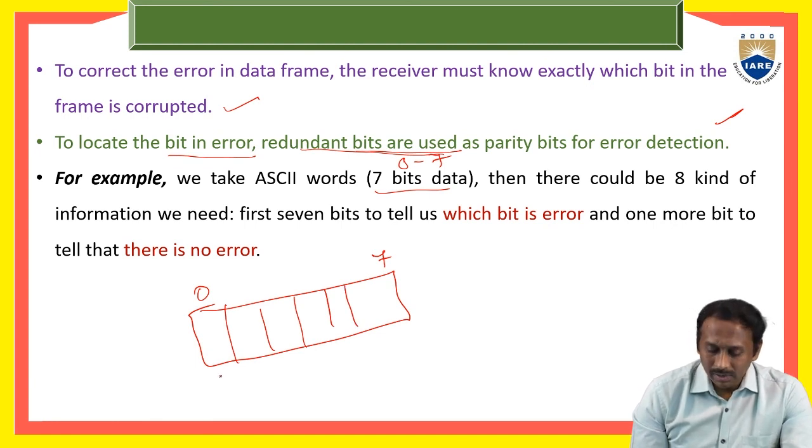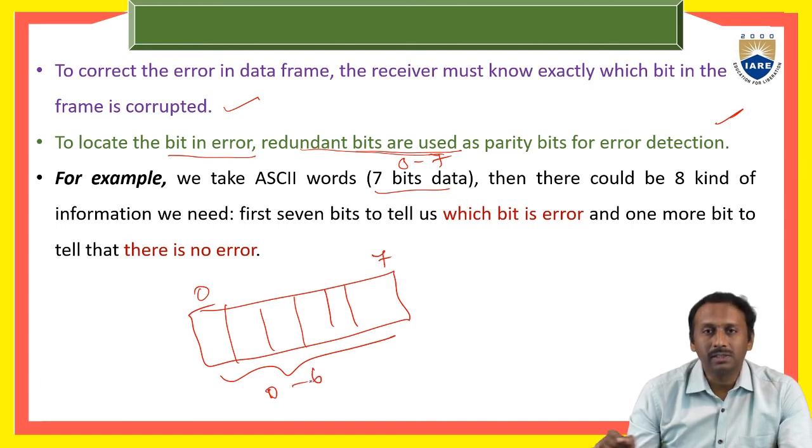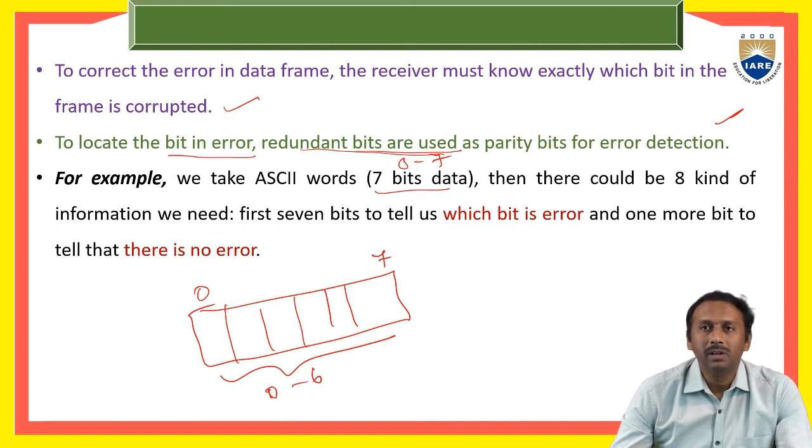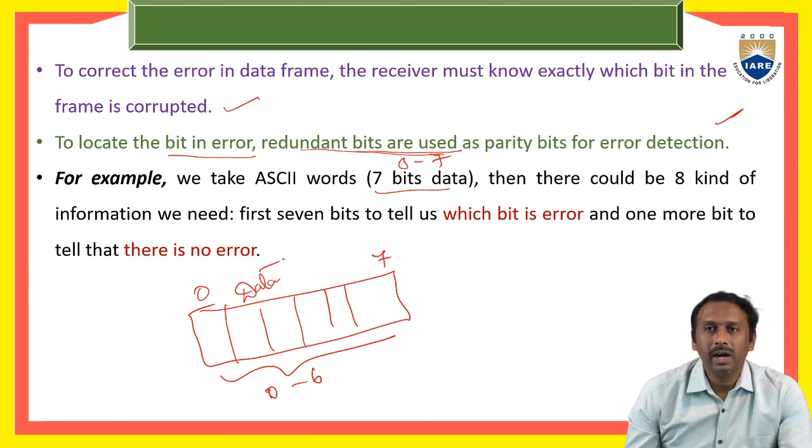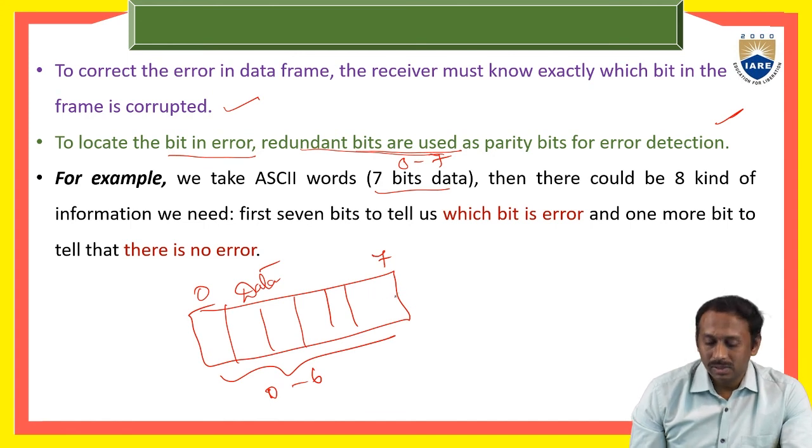Here, the first 7 bits, 0 to 6, are the actual data, and the next bit is a redundant bit.